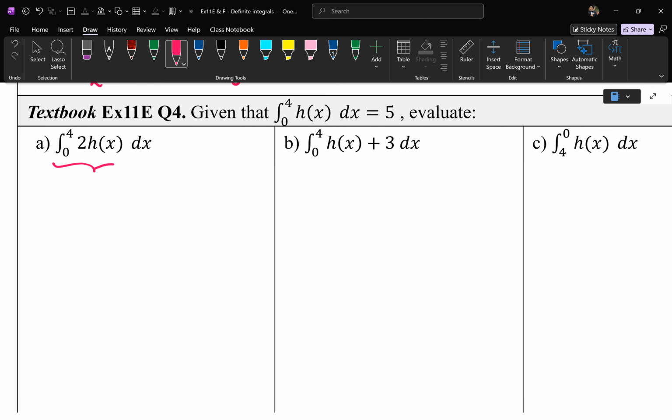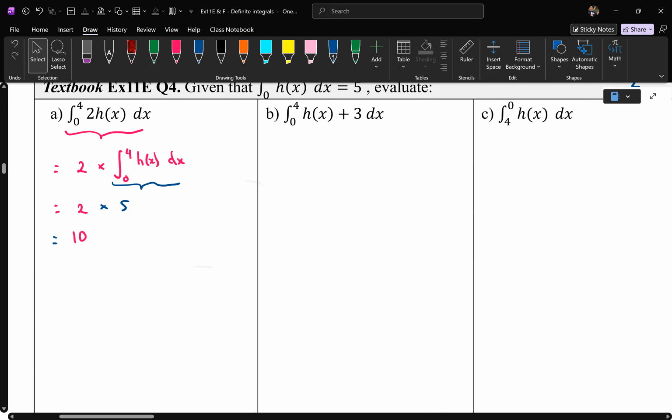So when they say, find the area between 0 to 4 of 2 times h of x, this is where you start applying your properties. You can write 2 at the front, 2 times the integral from 0 to 4 of h of x dx. And since we know that this is equivalent to an area of 5, you can then say that equals 2 times 5, which is 10.